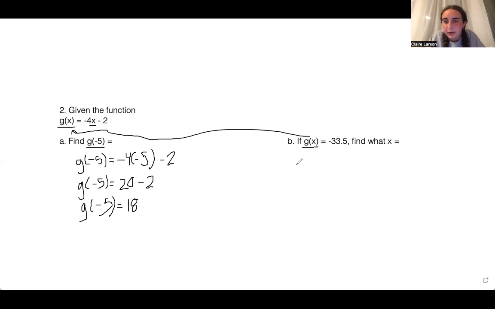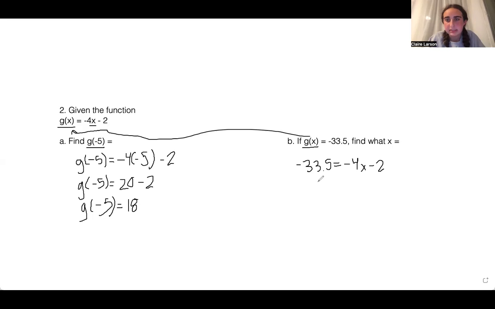So we're going to rewrite negative 33.5 equals negative 4x minus 2. You see how I just took this from over here? Then we're just going to solve for x like we do normally.